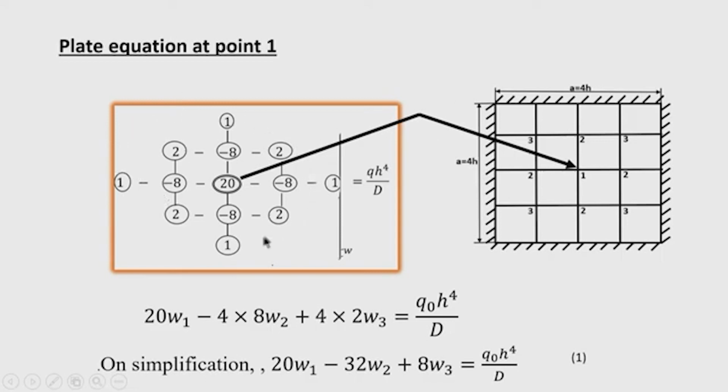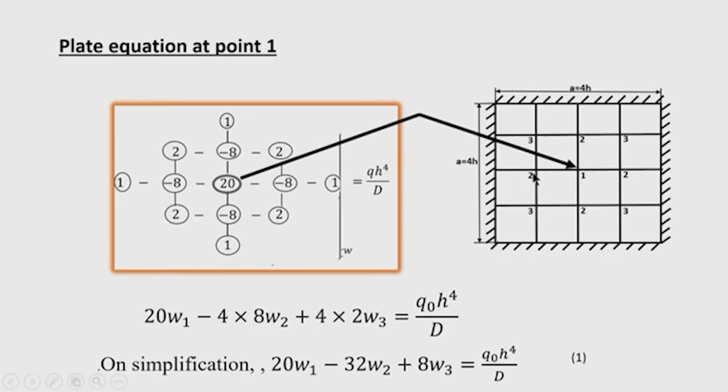This is the stencil for the plate equation that I have shown earlier, and this is placed here at node 1. After placing the stencil at node 1, the 20 is here and minus 8, 1. This 1 is falling on the edges, so naturally there will be 0 value.